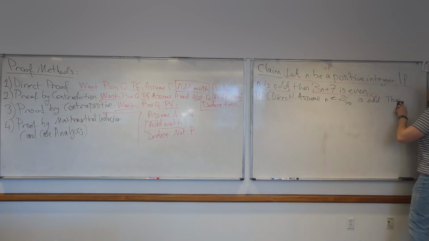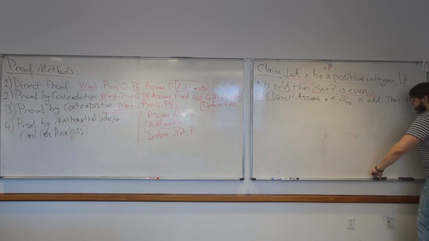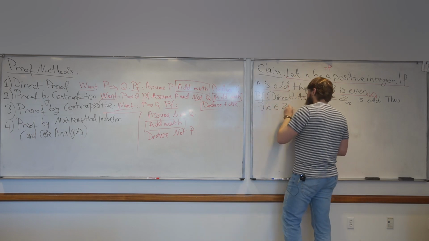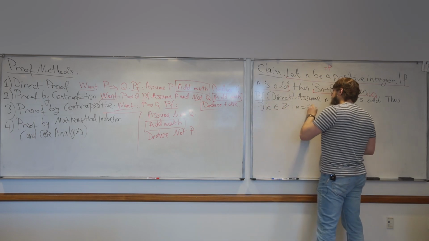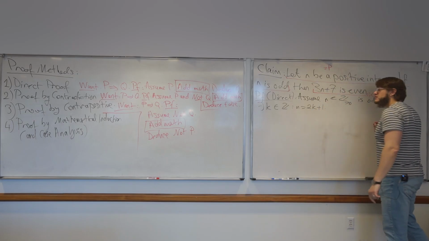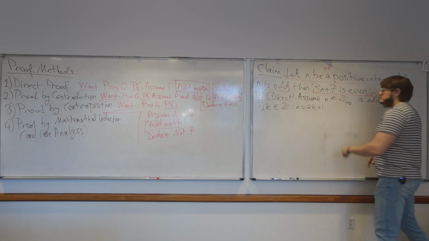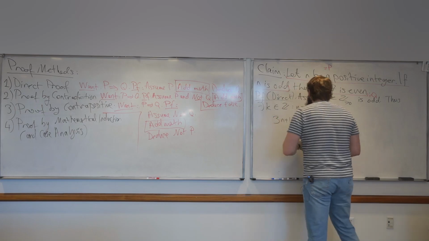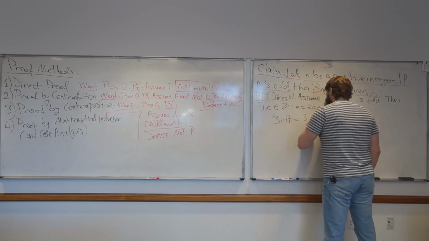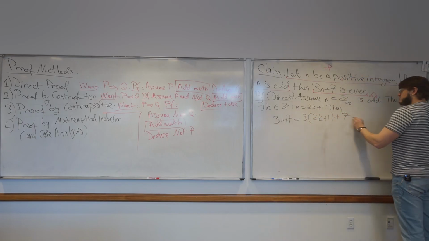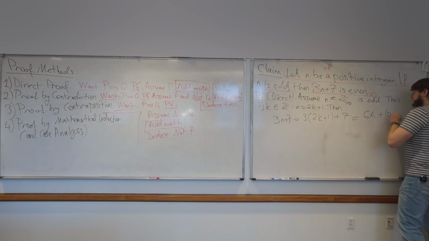thus, there is a k, let's say, that's an integer, such that n equals 2k plus 1. This technically is by the definition of a number being odd. Then 3n plus 7 is 3 times (2k plus 1) plus 7, which then you rearrange and turn into this.